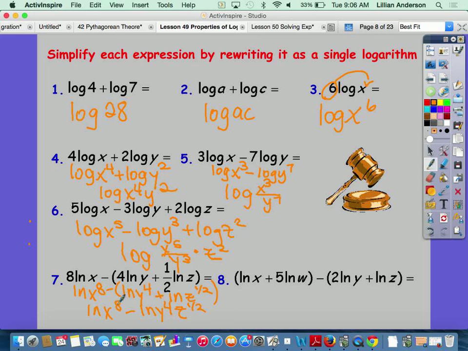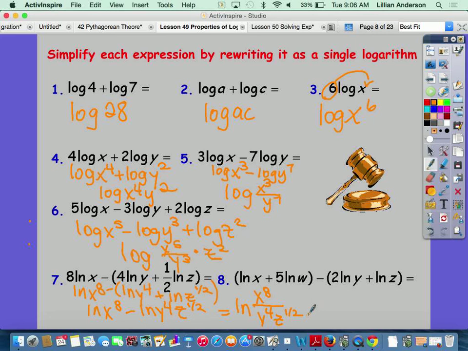And now, minus, so now you divide. So you get ln equals x over y to the 4th z to the 1/2, okay?